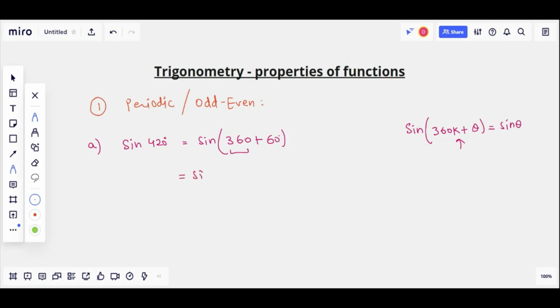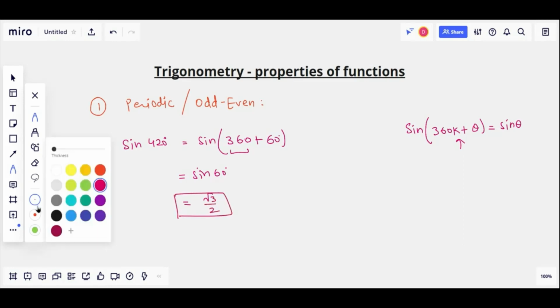So this value will just be sine 60 degrees, and sine 60 is nothing but square root 3 over 2. So this is the answer for this one.